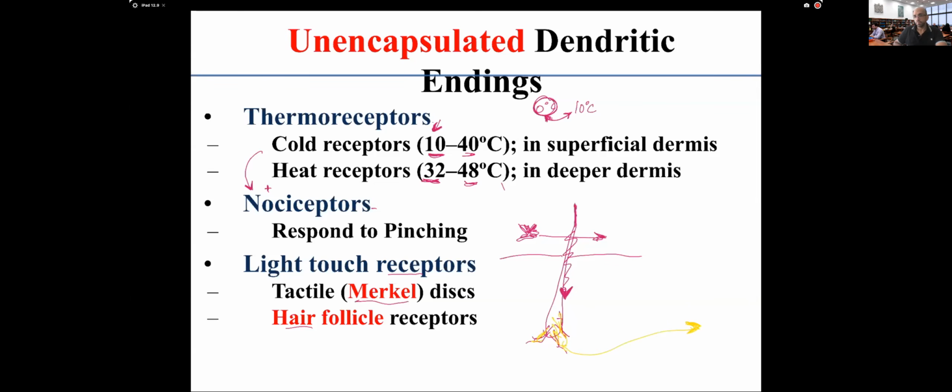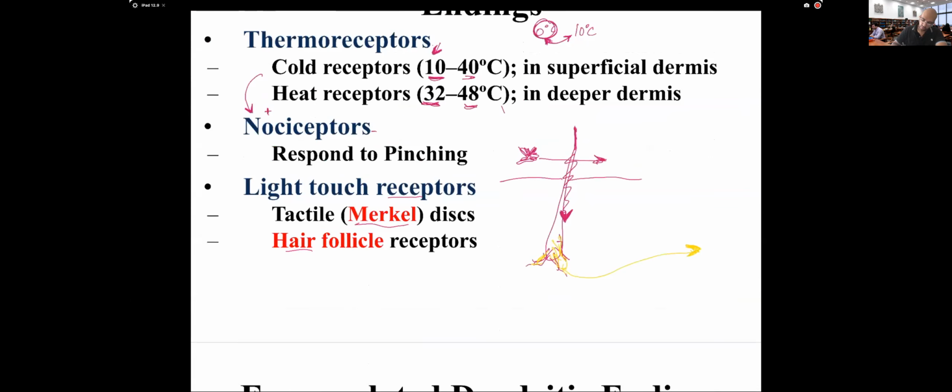Next. The erector pili muscle is the muscle here that was attached to the hair follicle and was contracting in response to fear or cold, resulting in erection of the hair shaft.